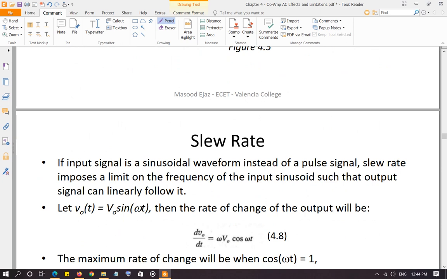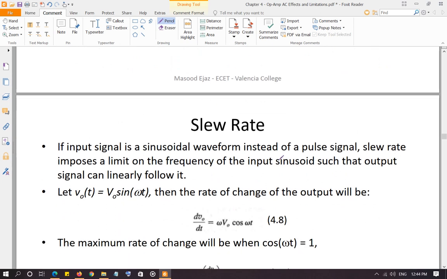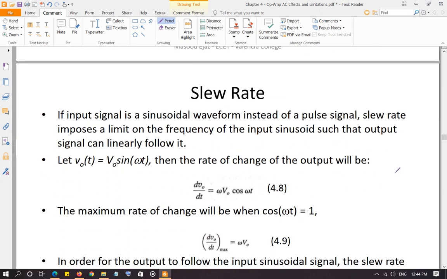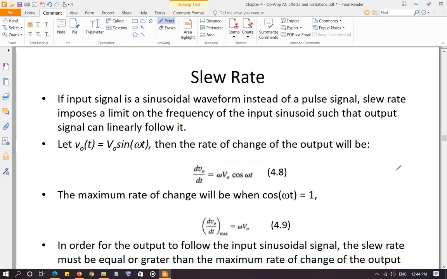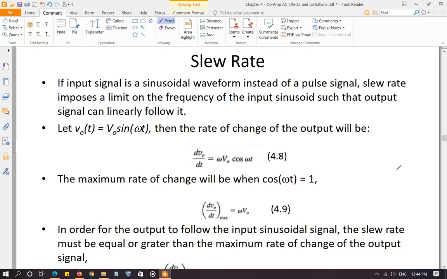Okay, now if your input signal is a sinusoidal signal, that is a signal with complex frequency, then how is the slew rate going to affect it? That is, how will you set the frequency of the input waveform such that the output can follow the input, that is, they have the same frequency. Phase can be different of course, but they have the same frequency. So we do a little derivation.